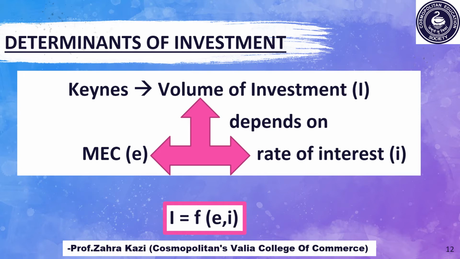One is marginal efficiency of capital, that is MEC. This MEC is denoted by small letter e. And the second factor is the rate of interest, which is denoted by small letter i. Thus the equation is I, that is investment demand, is a function of e, that is MEC, and small letter i, that is rate of interest.